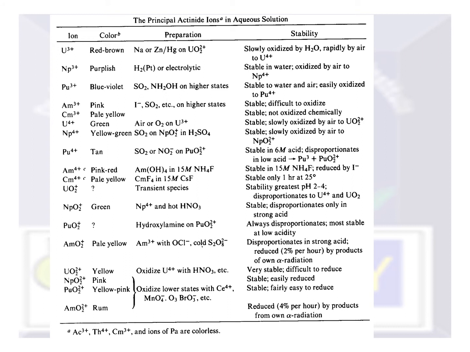As for stability, it is slowly oxidized by water and rapidly by air, and it gets transformed to uranium 4 plus. When oxidized in the presence of water, it turns to uranium 4 plus.